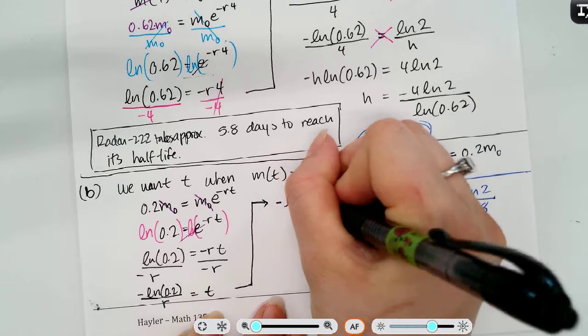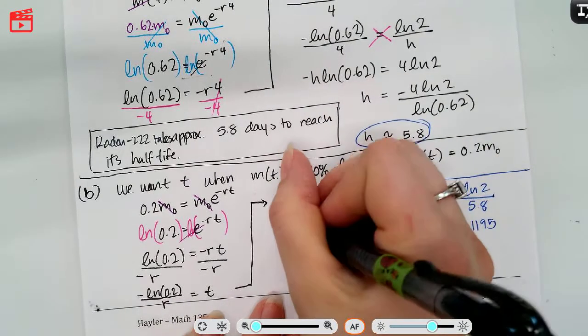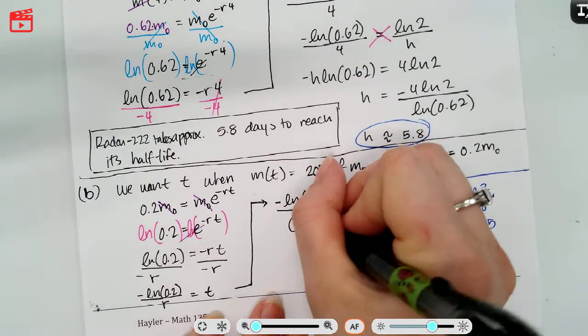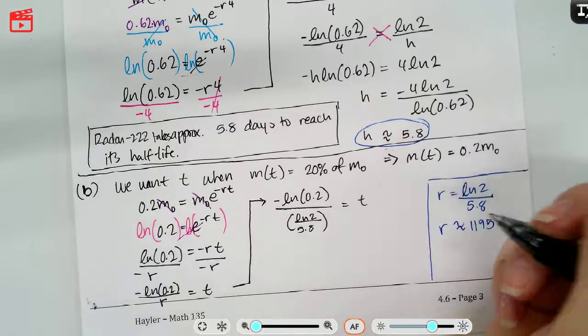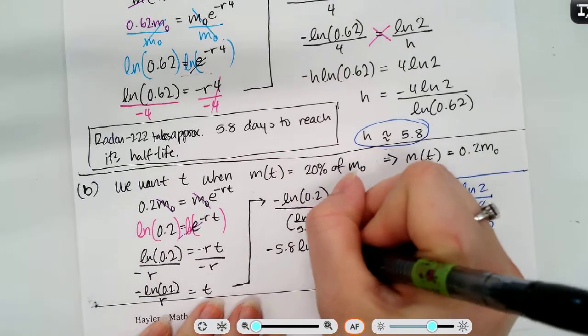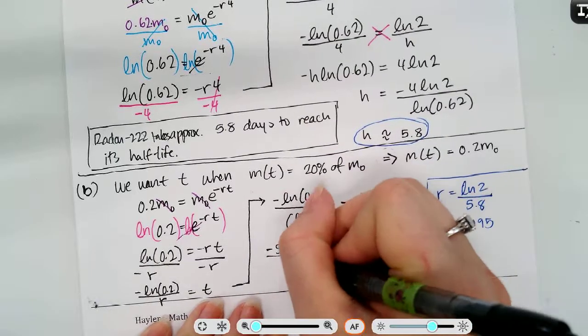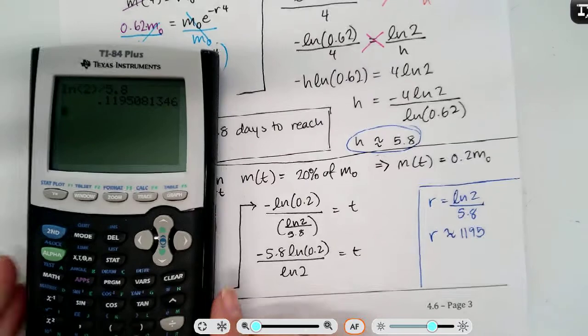So that's going to be the natural log of 0.2 all over, replacing this value for r, natural log of 2 over 5.8, which simplifies to negative 5.8 ln 2 all over ln 2.